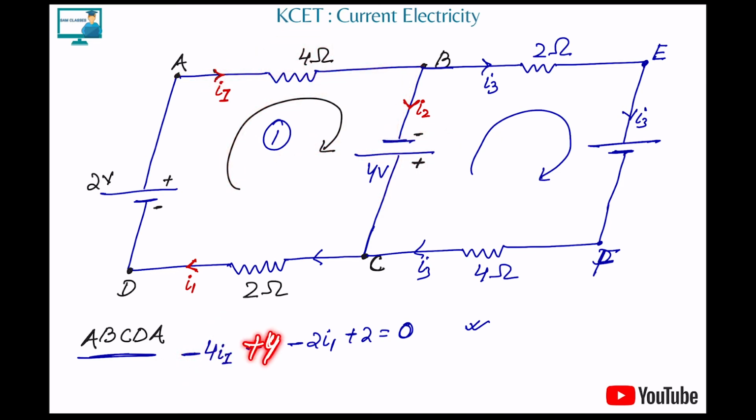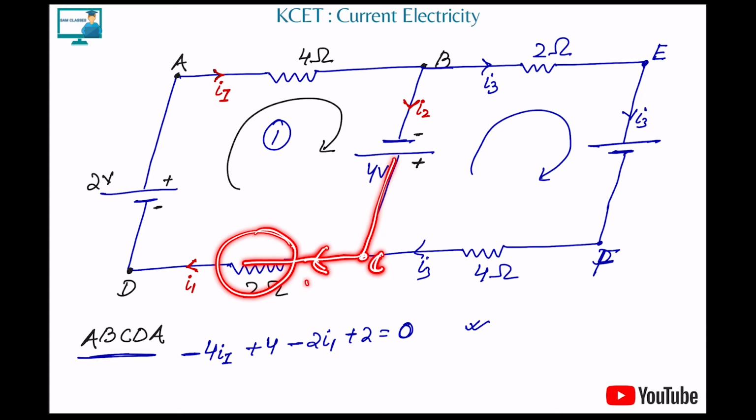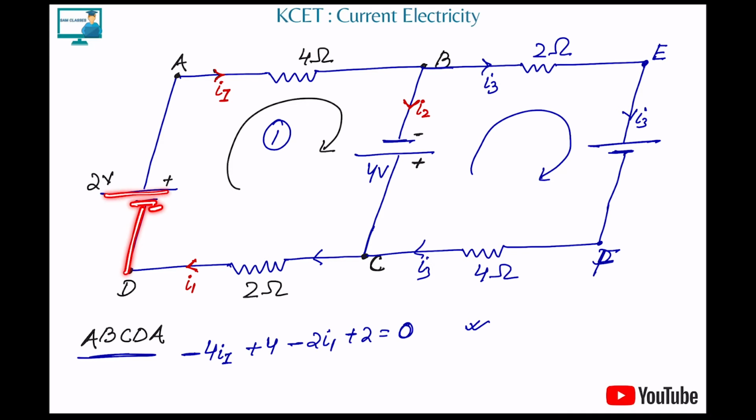Clear? Then I came here at C, and again I'm going in the current direction, so again I saw a resistor. Same direction, so again minus. So the voltage here will be minus 2 times I1, and again, at the time of leaving I got the positive of the battery, so plus 2, equal to 0.